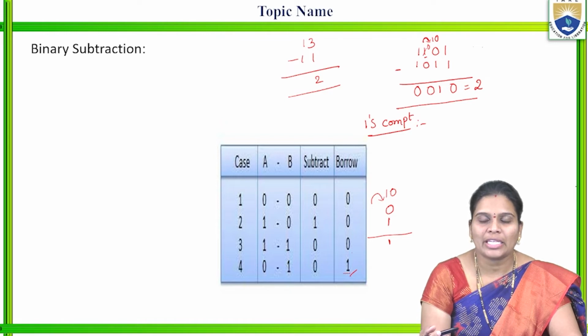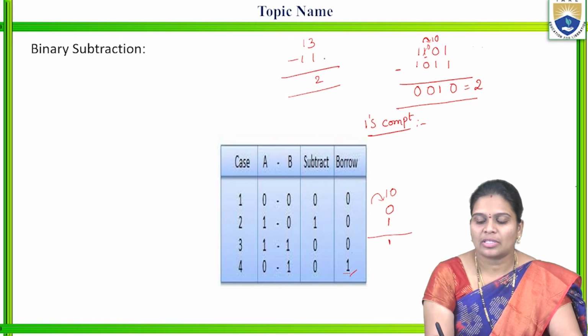If a carry is present, that carry is added into the LSB, and we get the result. If the carry is not present, we again apply the 1's complement to the resultant value.